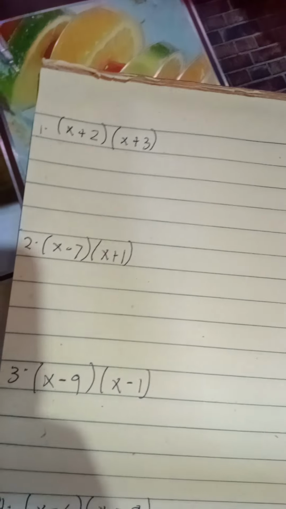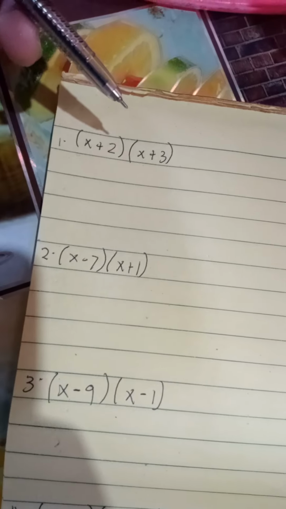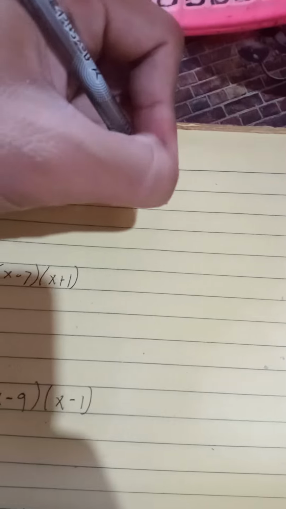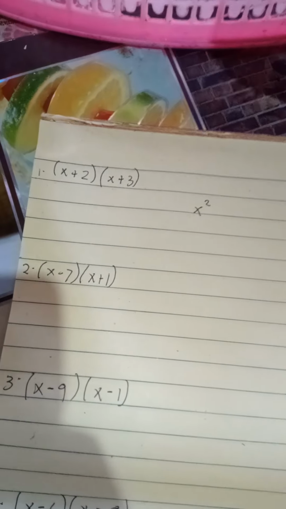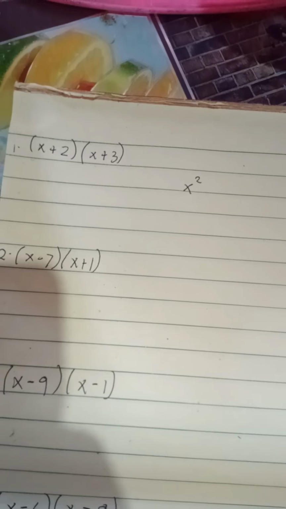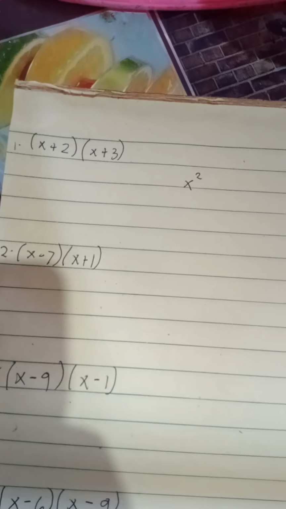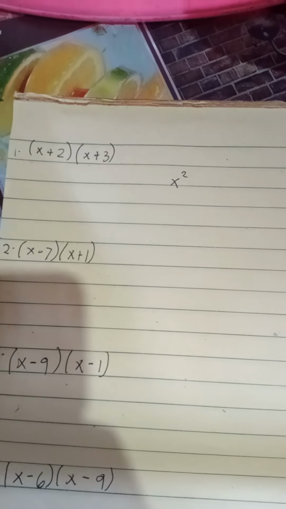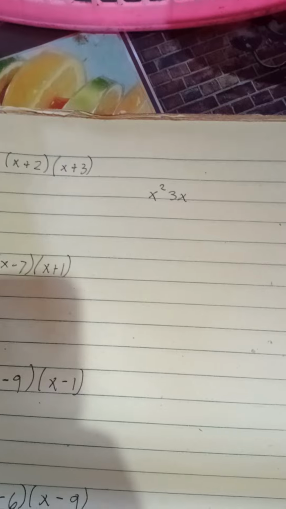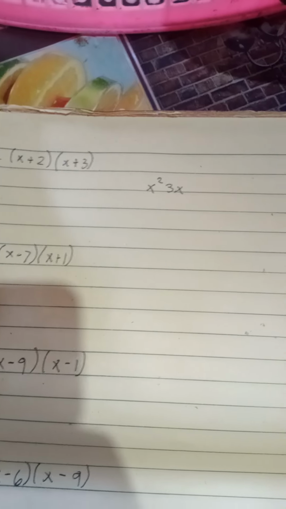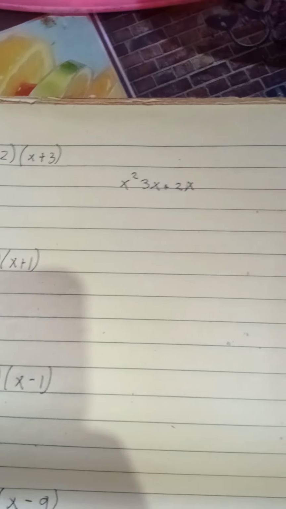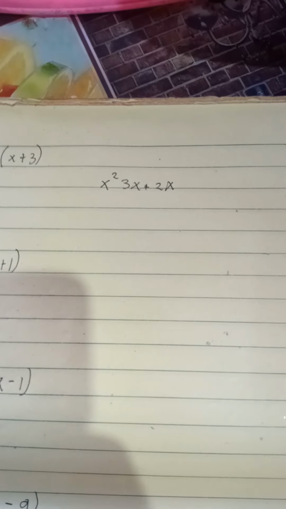So multiply. x times x is x squared, x times 3 equals 3x, 2 times x equals 2x, and 2 times 3 equals 6.